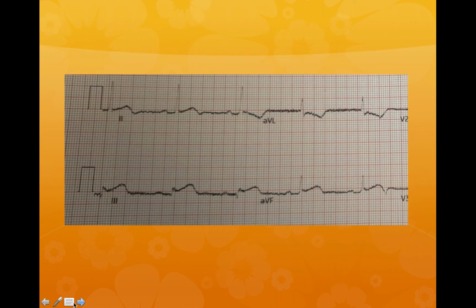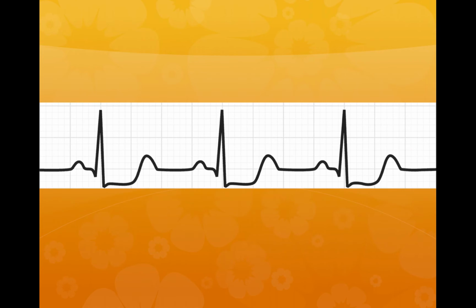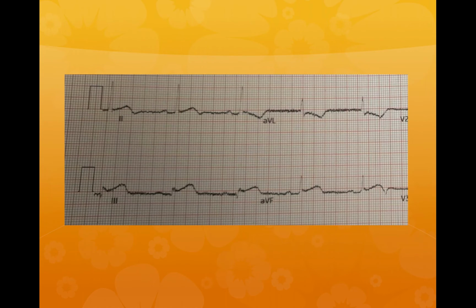In this example, this is actually the example that we just saw for ST elevation. And when we see ST elevation and ST depression in the same ECG, we need to be very careful, because this is actually not subendocardial ischemia. This is actually reciprocal depression.